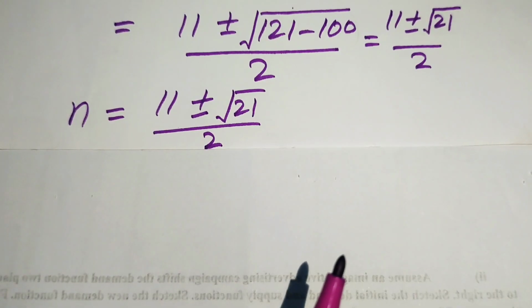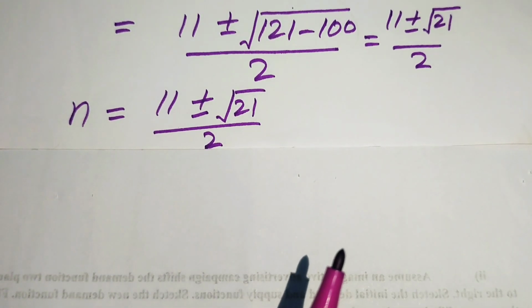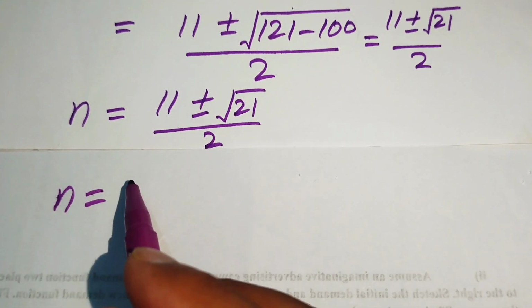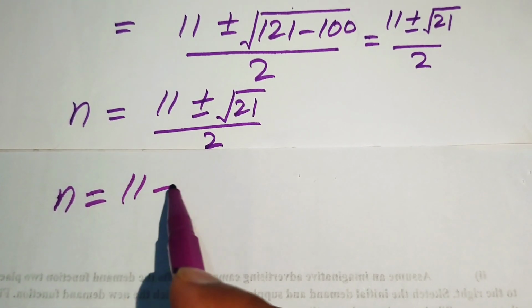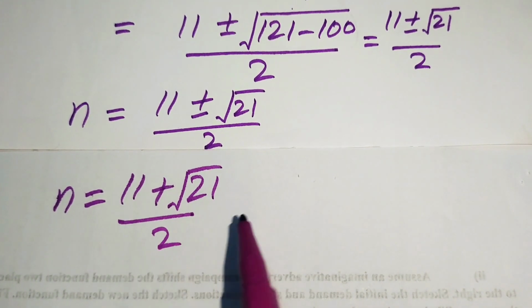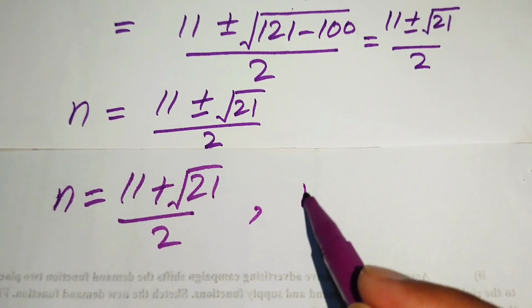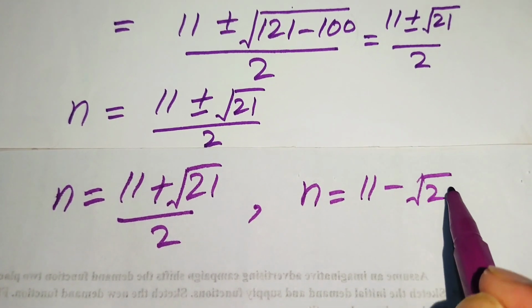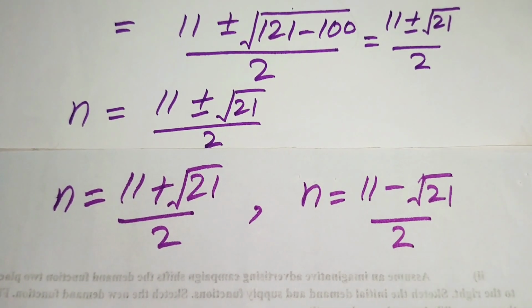And now we separately write both of these solutions, and here we write the positive value. It is n equals to 11 plus square root of 21 divided by 2, and here we write the negative value. It is 11 minus square root of 21, and it is divided by 2.